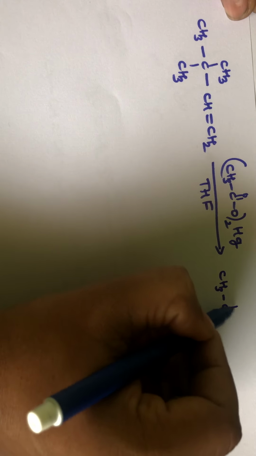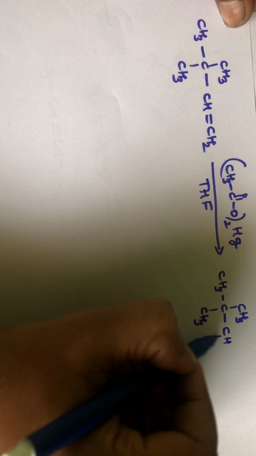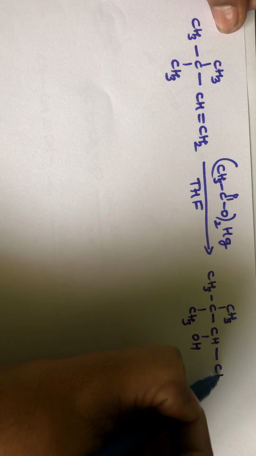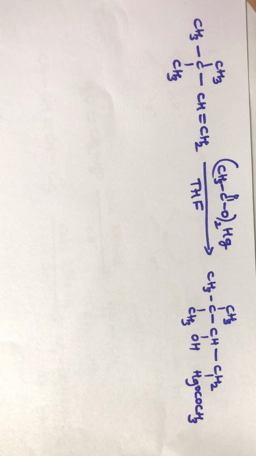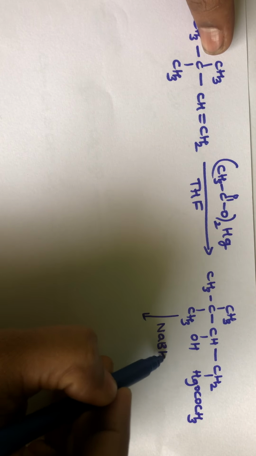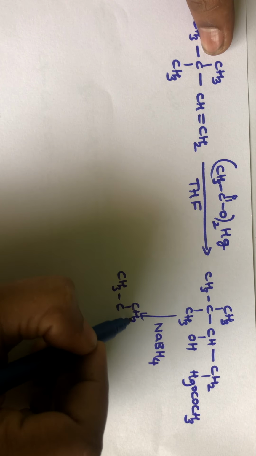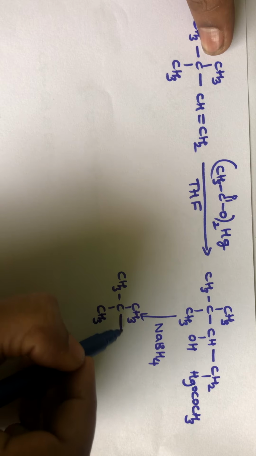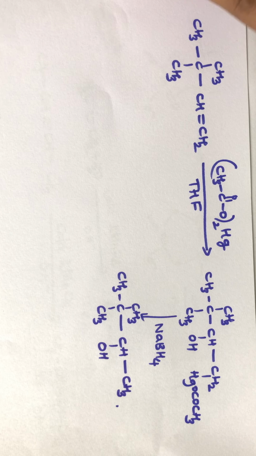So you get this CH3C, CH3, CH3, CHOH, CH3: 3,3-dimethyl 2-butanol.